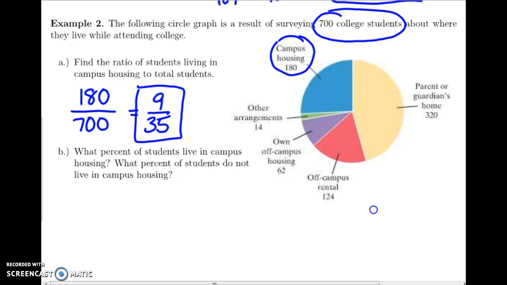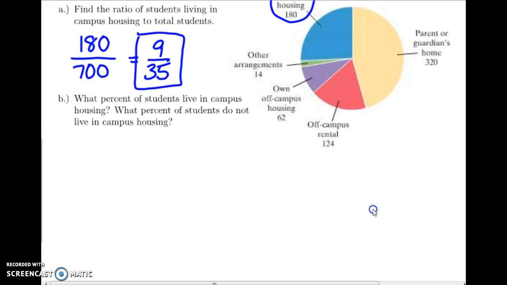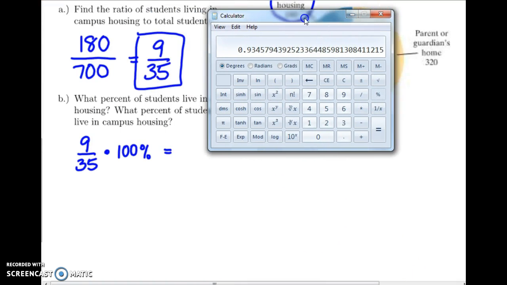All right, part B. What percent of students live in campus housing? What percent of students do not live in campus housing? Well, we've got this ratio of students in campus housing. All we really need to do for that first question in part B is convert 9 over 35 to a percent. And if you recall from 7.1, to convert a fraction to a percent, you just multiply by 100. And I'll go ahead and put the little percent symbol on there. Now, there's other ways to do this, and that's fine if you do it another way.